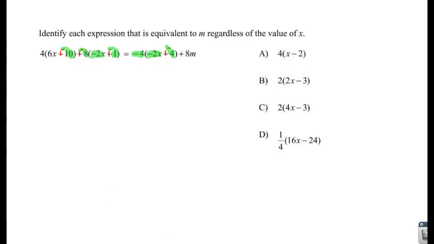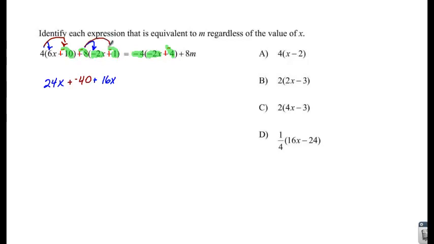Okay, let's go through and distribute. 4 times 6x is 24x. 4 times negative 10 is negative 40. Negative 8 times negative 2x is plus 16x.